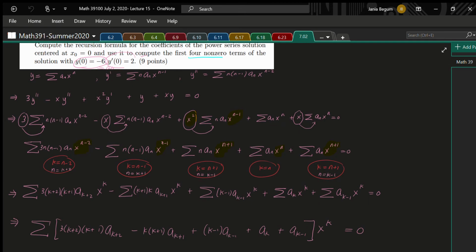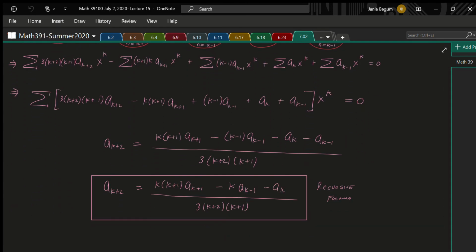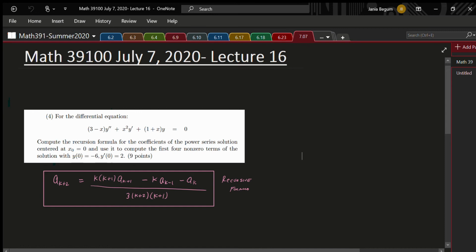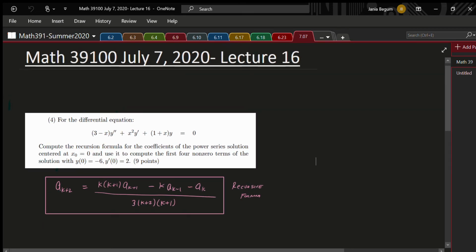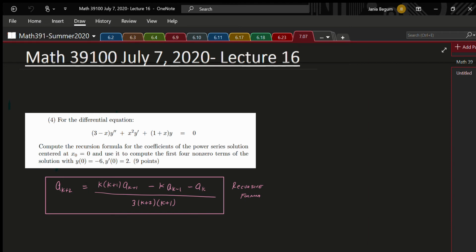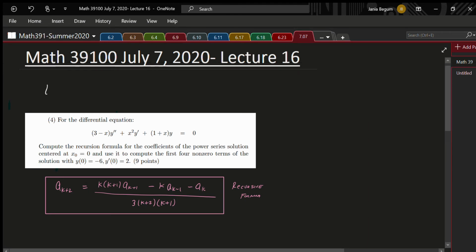So we did all of this. You can find this in our previous notes, and we got to the recurrence relation, or recursive formula if you want to call it. So this is where we're going to start today. I copied the recurrence relation here so that we don't have to keep going back and forth. So this is from last time.